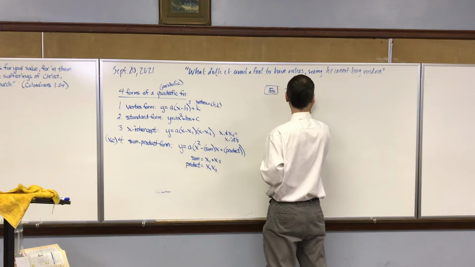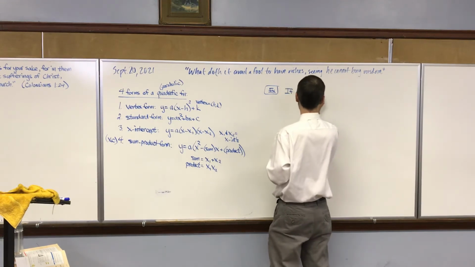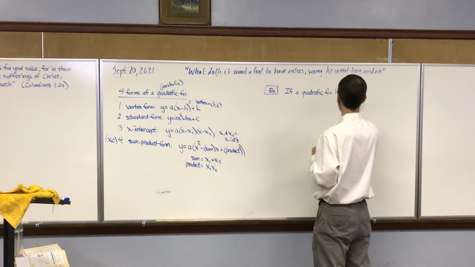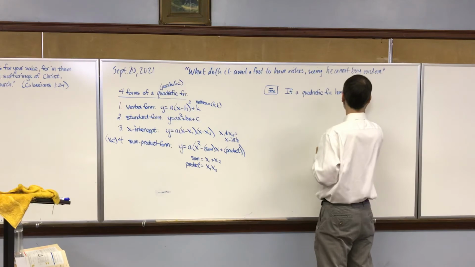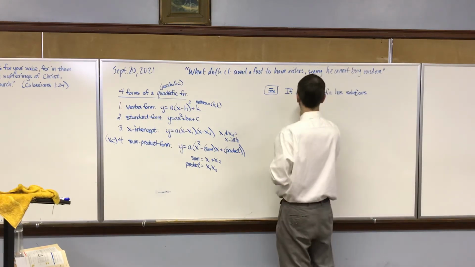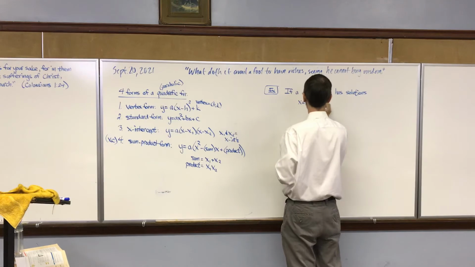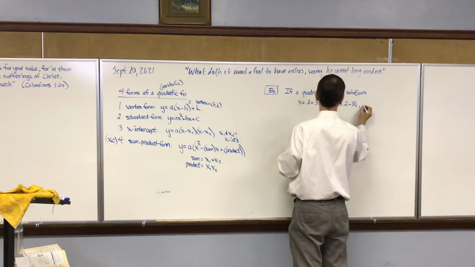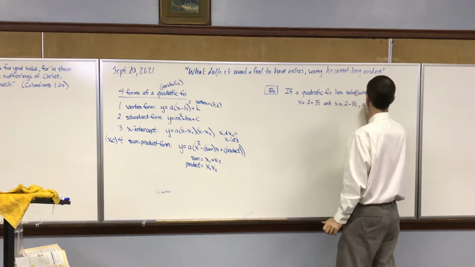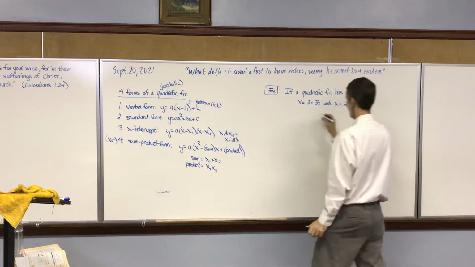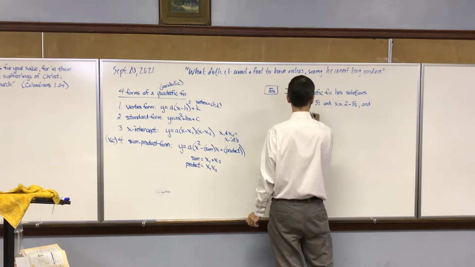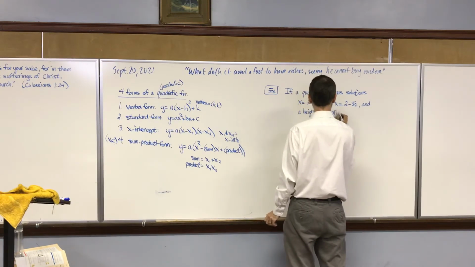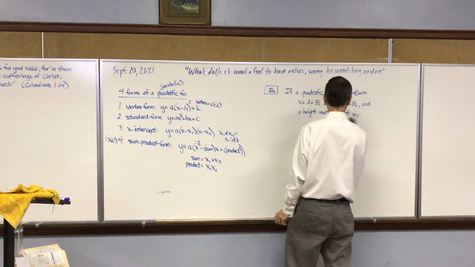If a quadratic function has solutions x equals 2 plus 3i, and x equals 2 minus 3i, and a height multiplier of 6, find its equation.